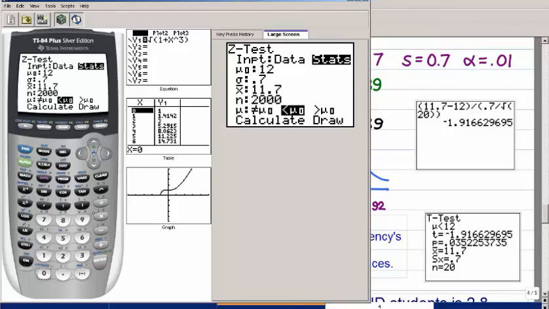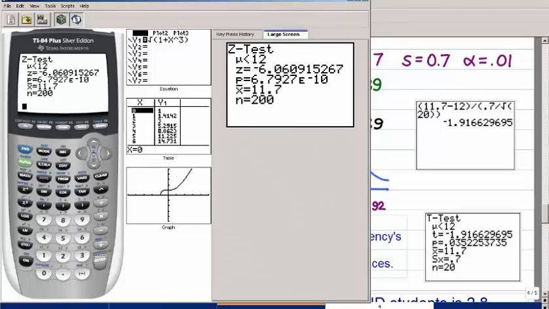And this is a left tail test. If you look at that test statistic, negative for Z, negative 6.606, that's way out there. That p-value is super, super tiny. That's just scientific notation, it means there are 9 zeros in front of that 6.